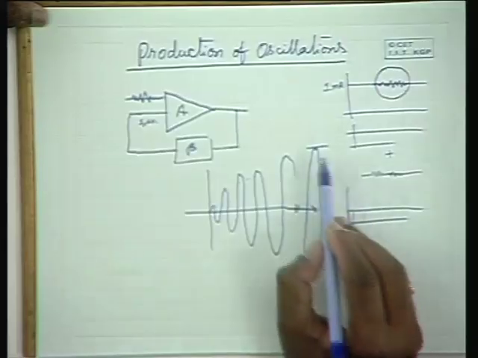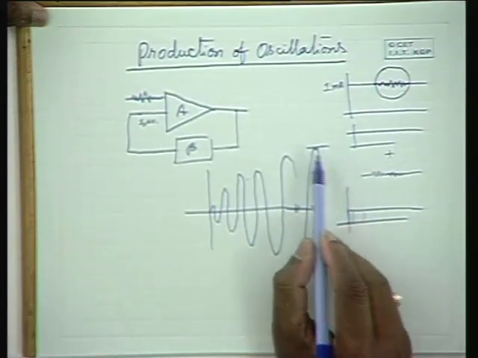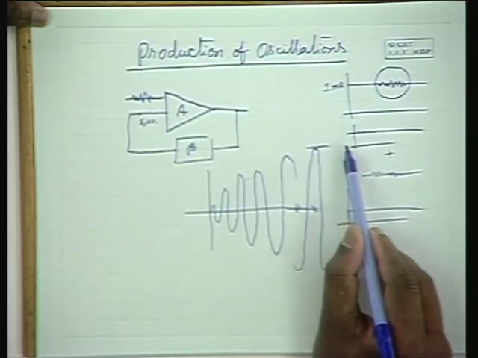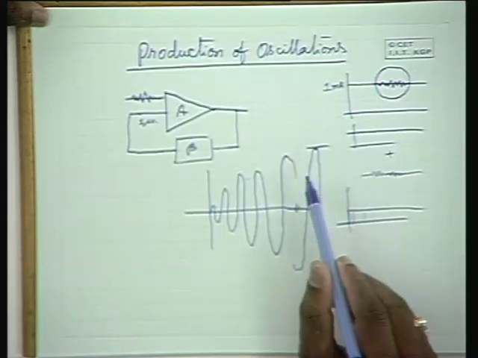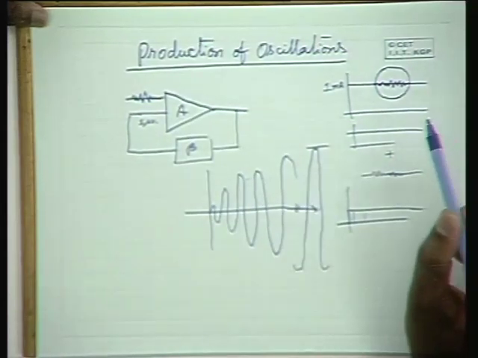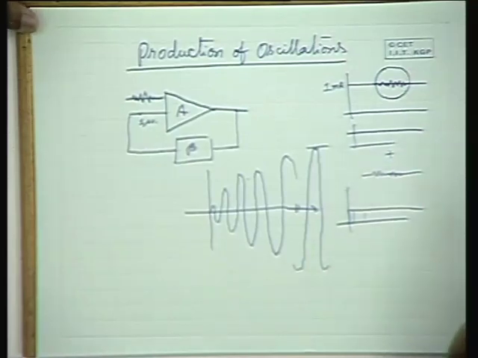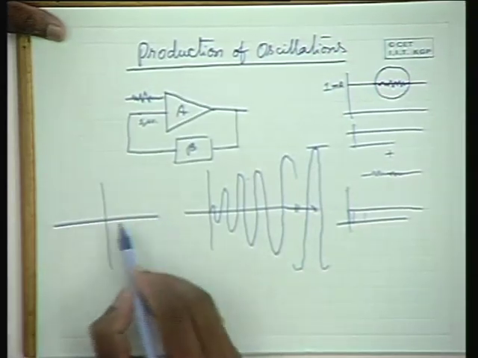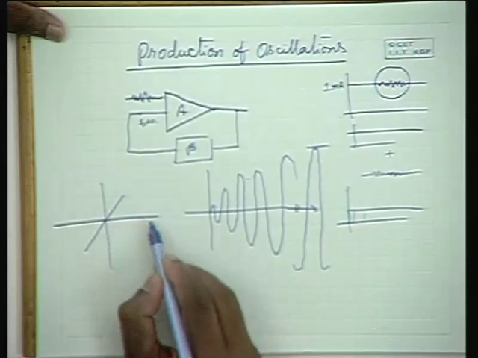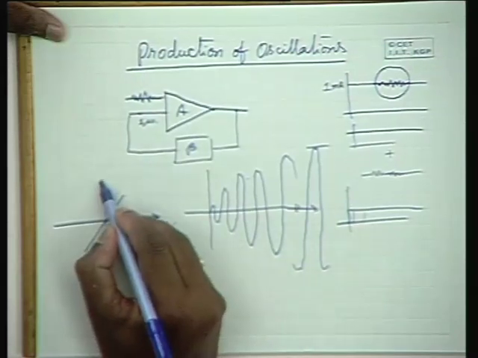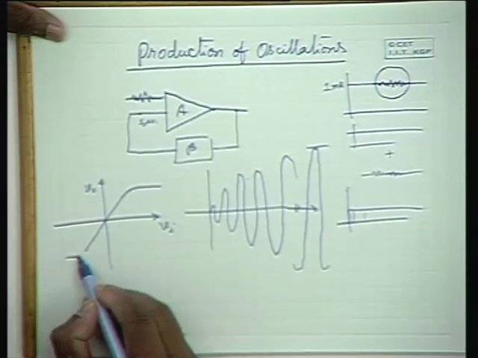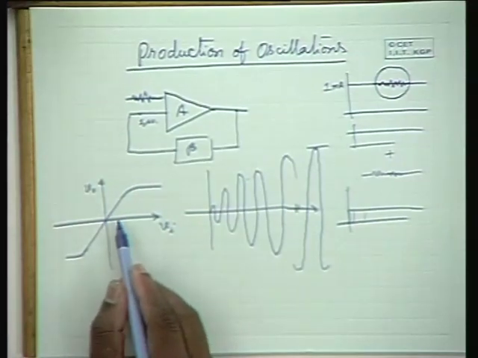They get distorted. Either they get saturated on the lower end, or the transistor becomes cut off, and the output can rise only up to VCC on the outer side. Now, can the amplitude further go up? So amplitude cannot further go up. Once it goes into the nonlinear region, please note that if you plot the Vi to V0 characteristics of an amplifier, it has a nonlinear characteristic something like this, and the slope of the amplifier gives you the gain.